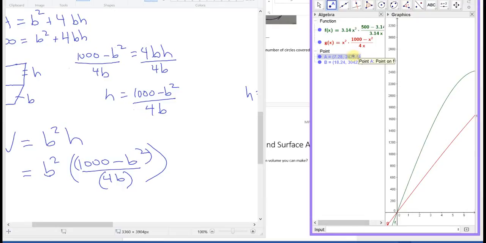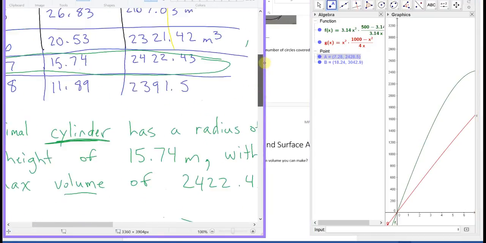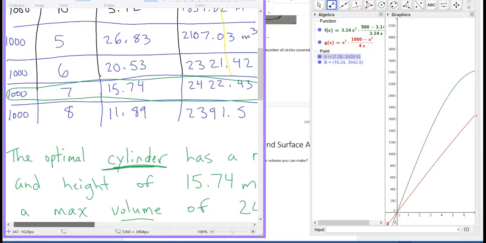For the cylinder, notice that when we had 7 and the 15, the radius was pretty much half of the height. When the radius was half of the height, it worked out to be the maximum volume. So in this case, the diameter is equal to the height.